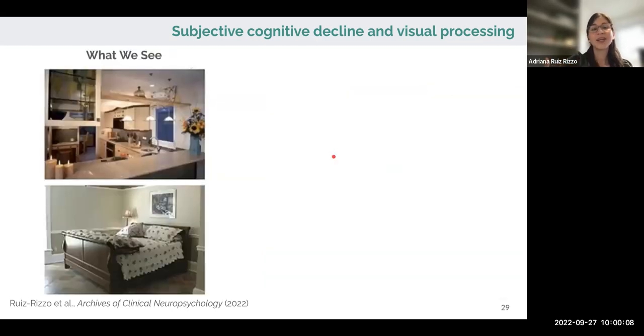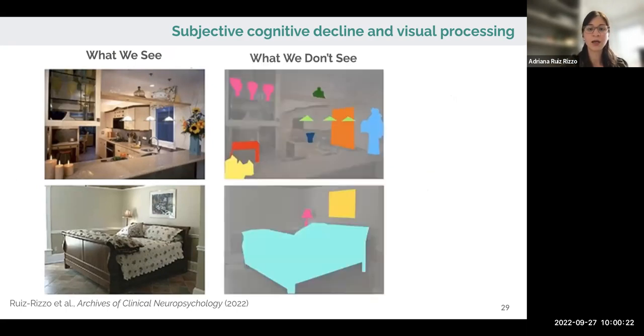Now, we made use of a very interesting property of images. So this is what we see. We just see photographs of real world places like this kitchen or this bedroom. All good so far. But what we don't see is that these images can also be categorized differently, for example, depending on the number of unique objects that compose those scenes.